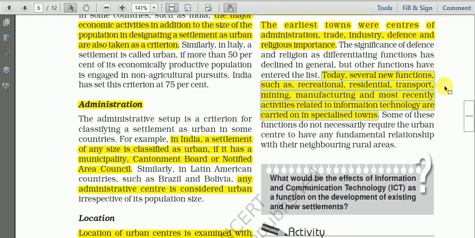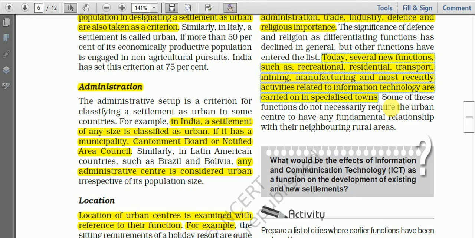Those are the recreational function, for example tourist resorts, then residential function, providing accommodation, then transport, mining, manufacturing. And most recently information technology related specialized towns also are there.